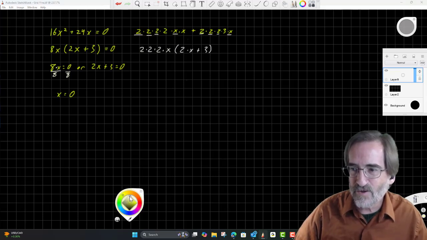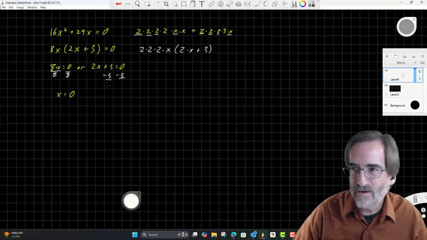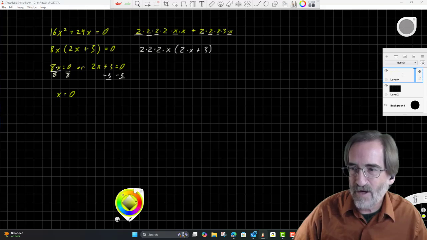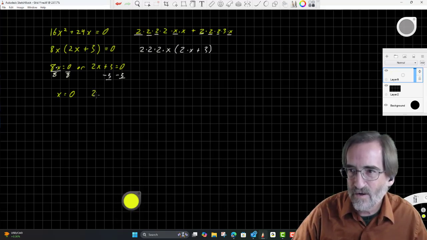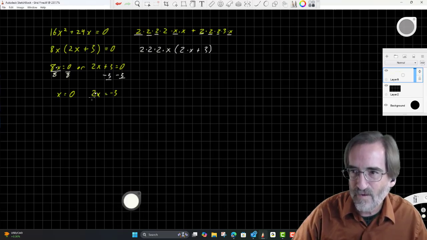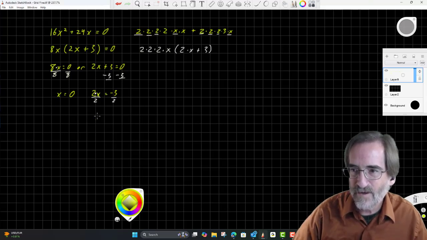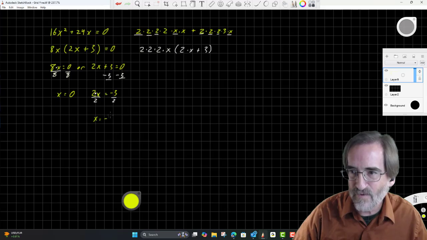Then I subtract 3 from both sides of the other equation. 0 minus 3 is negative 3. Then I divide by 2. And x is negative 3 halves. So the solution set is 0 and negative 3 halves.